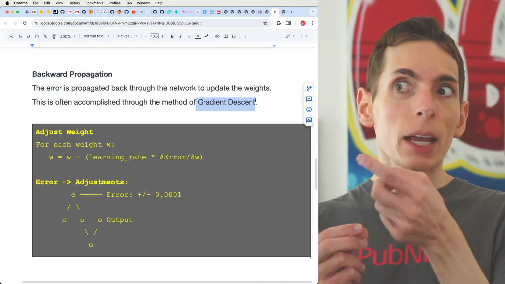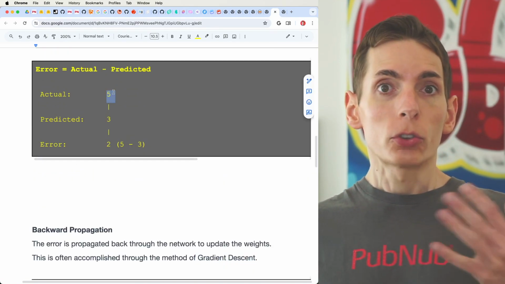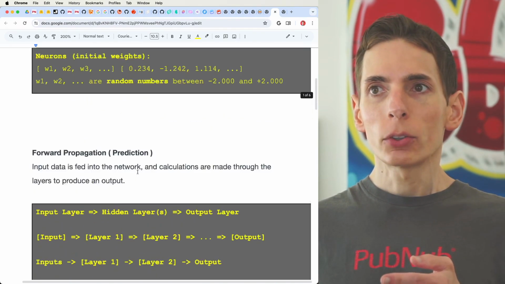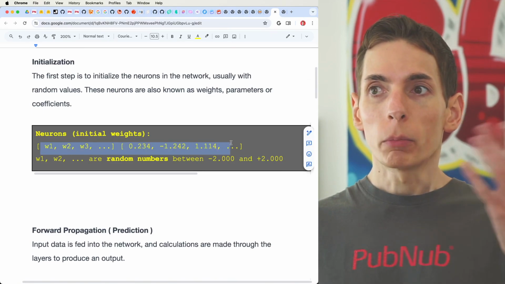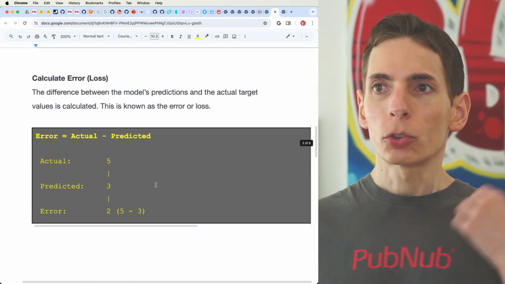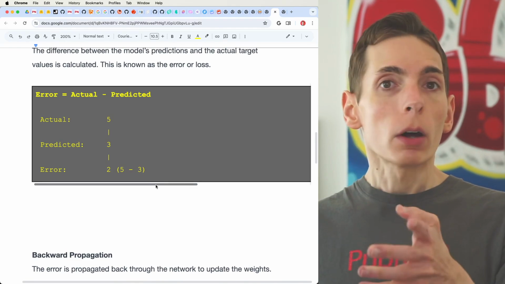So in order to get the model to correctly predict 5, which is the right answer in this case, we will update all of the numbers in our brain, the neurons. We will update the numbers by a certain amount to make sure that the next time we ask this question, the model will get it right.